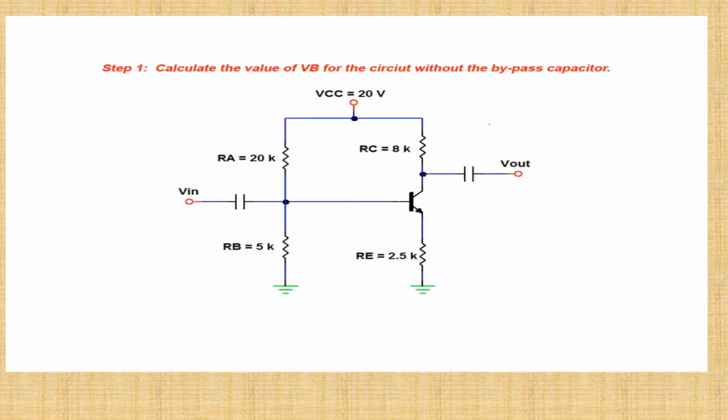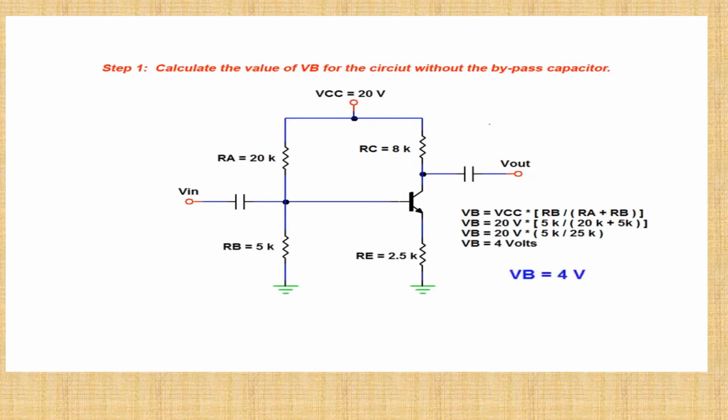We begin our solution by calculating the base voltage for the circuit in its unmodified state. The base voltage can be determined by applying the voltage divider rule using the values of RA, RB, and VCC. When we substitute the known values and solve the equation, we end up with a base voltage value of 4 volts.